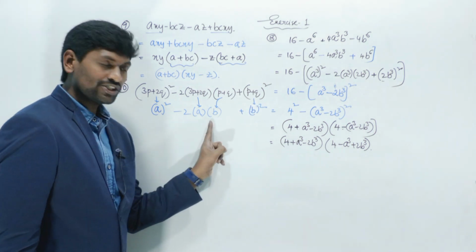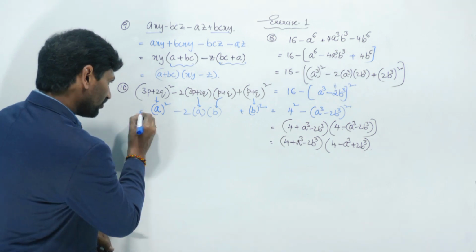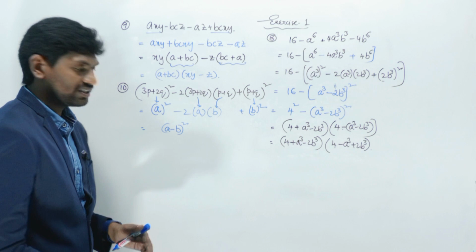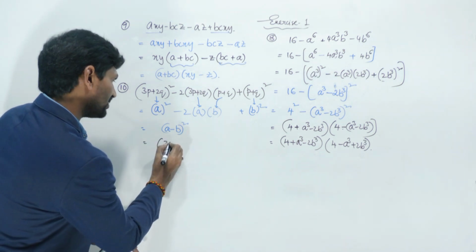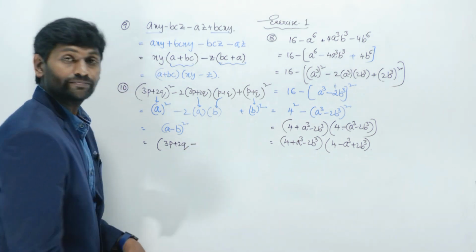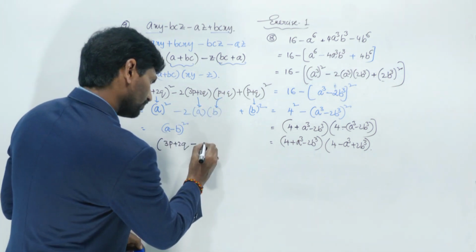A square minus 2ab plus b square. That means this is the formula for a minus b whole square. Am I right? A means 3p plus 2q, and b means p plus q.